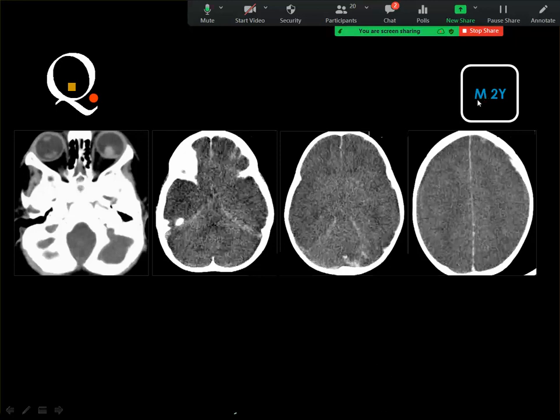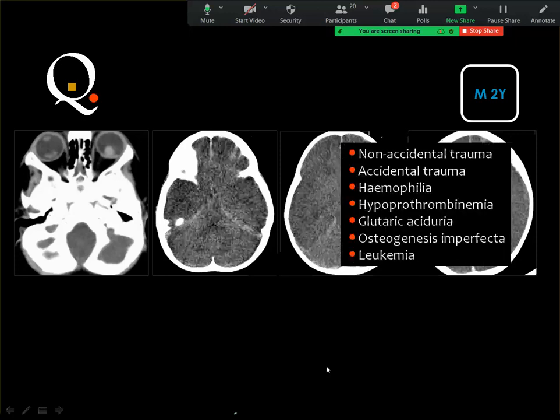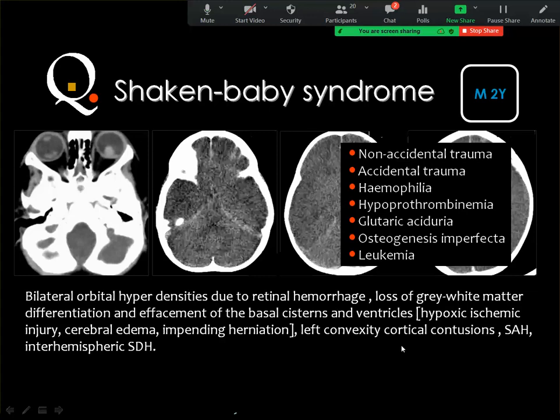In this age group, and this will be mentioned in details in the pediatric course, you should suspect what's known as the shaken baby syndrome. This shaken baby syndrome results in significant intracranial injuries in this age of the patient when the child is shaken by his mother or his father.